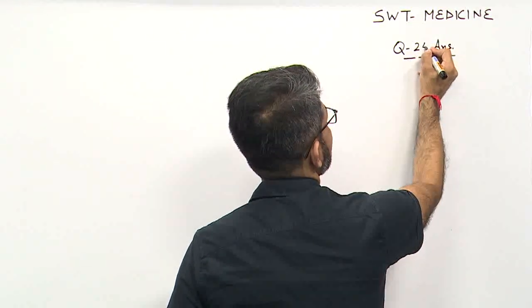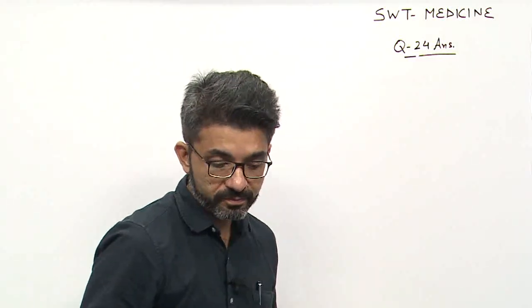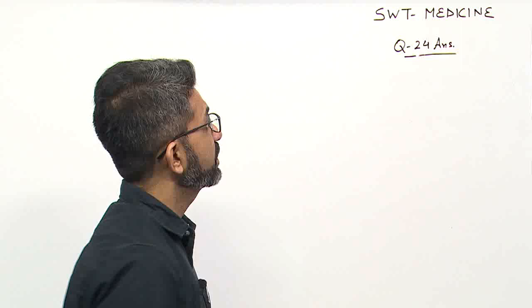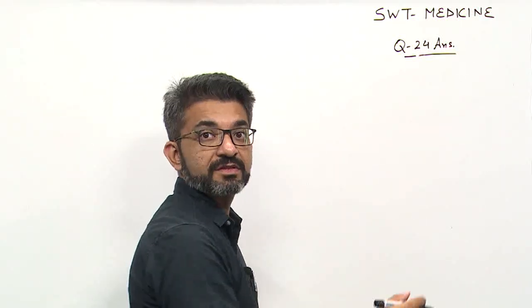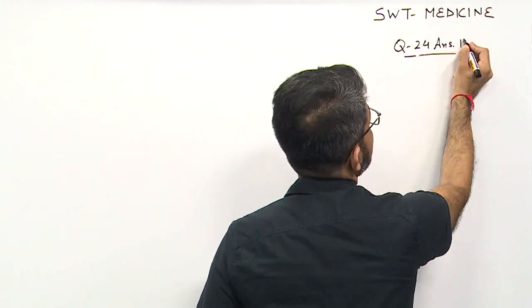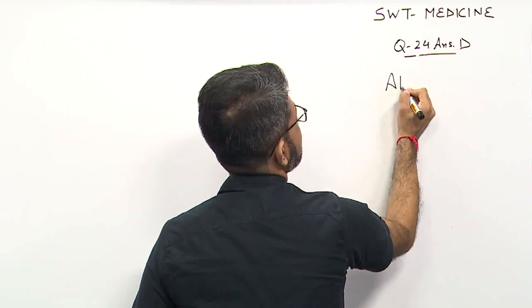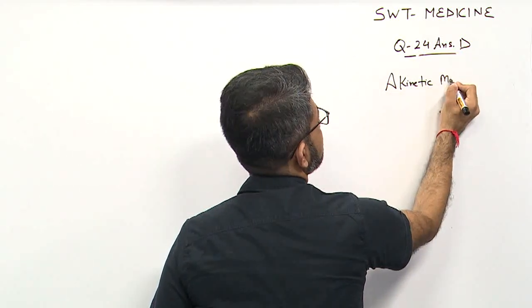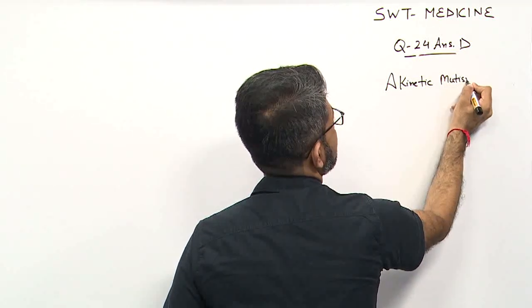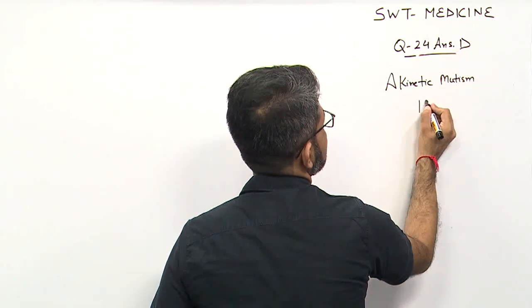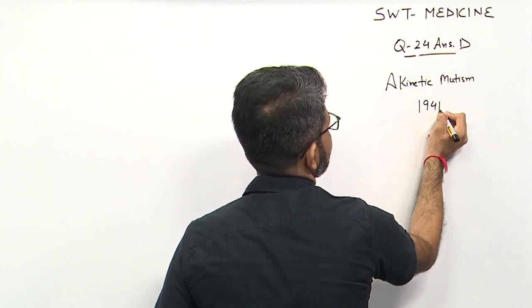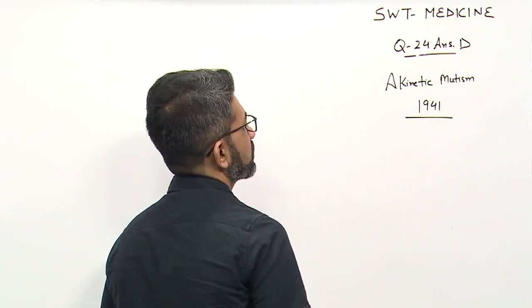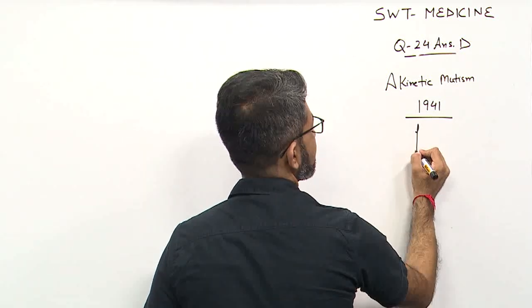Question number 24. Akinetic mutism. Well, akinetic mutism, the lesion is frontal. It was probably first described in 1941.